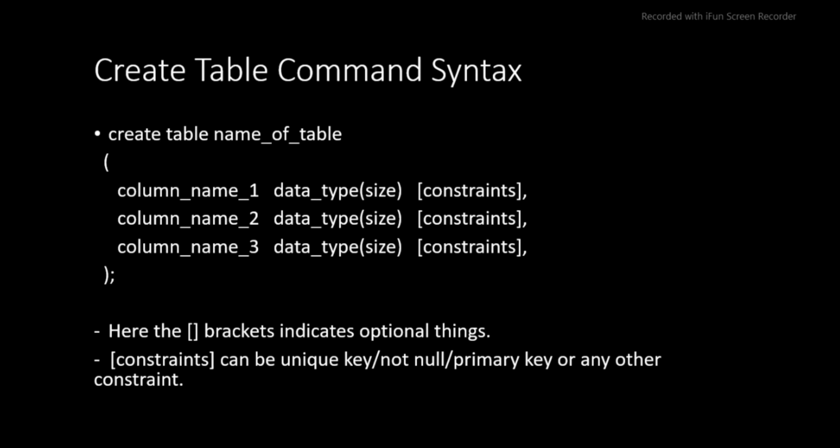This command uses the create table keywords, then the name of our table, and then open and close parentheses enclosing column name 1, data type, and its size. And after that, constraints. The constraints part is optional. That is primary key, unique key, not null. These are the constraints, and it's not compulsory to provide a constraint for a column. It's totally optional. We can define a table without applying any constraint on a single column also.